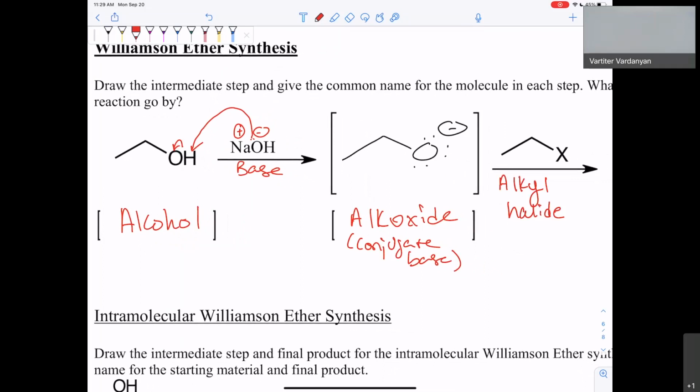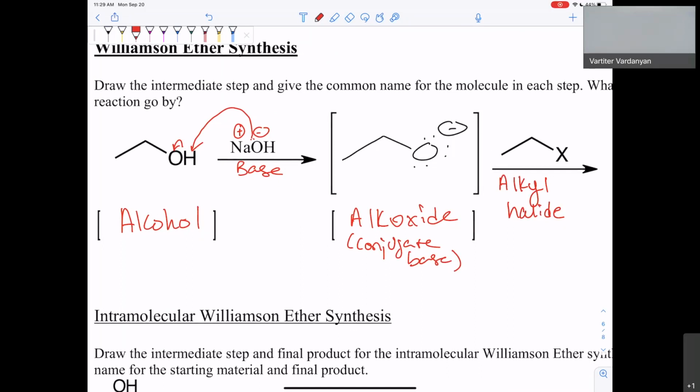Remember, X just stands for a halogen. And this alkoxide, so I said this a couple weeks ago, anything with a negative charge is a base or nucleophile.